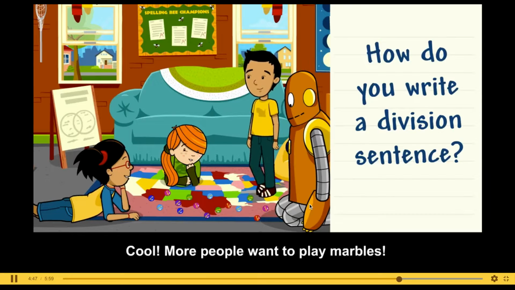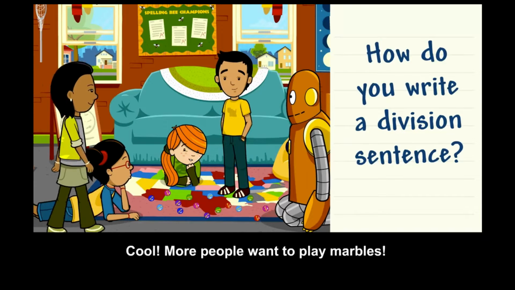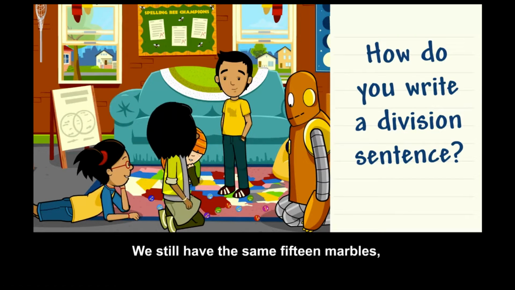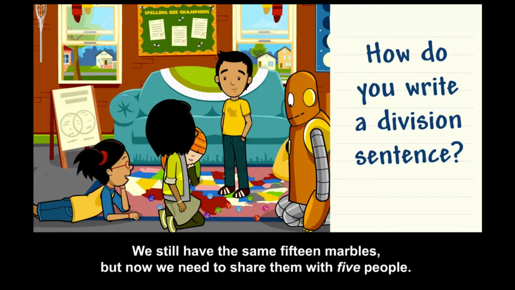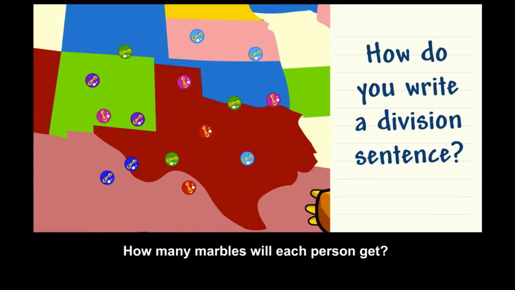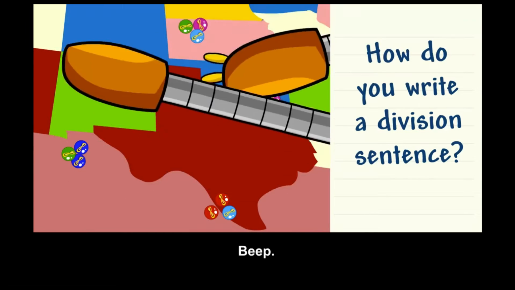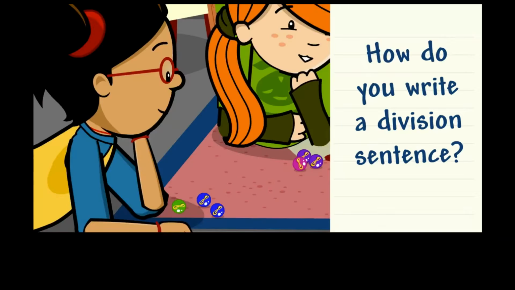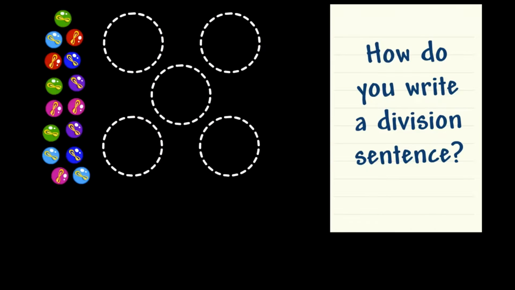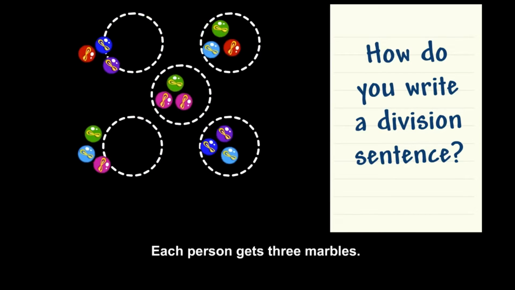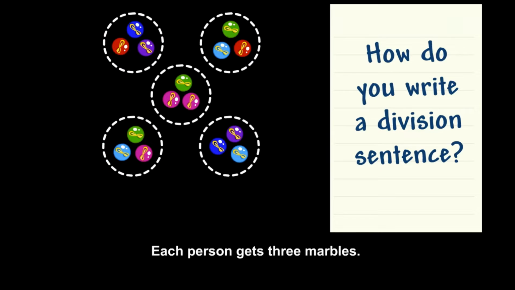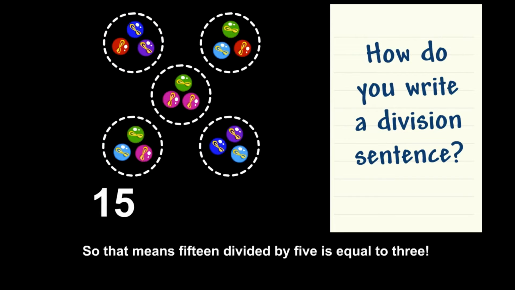Cool, more people want to play marbles. We still have the same 15 marbles, but now we need to share them with 5 people. How many marbles will each person get? Right, Moby. Each person gets 3 marbles. So that means 15 divided by 5 is equal to 3.